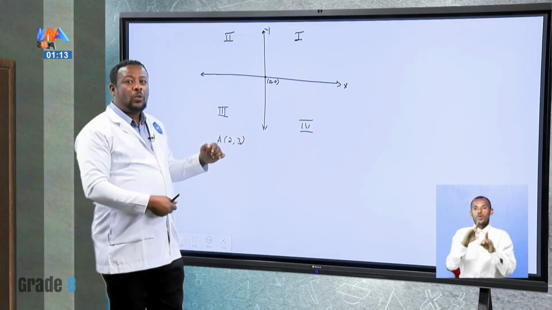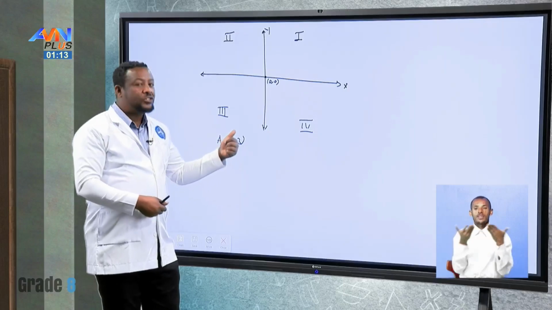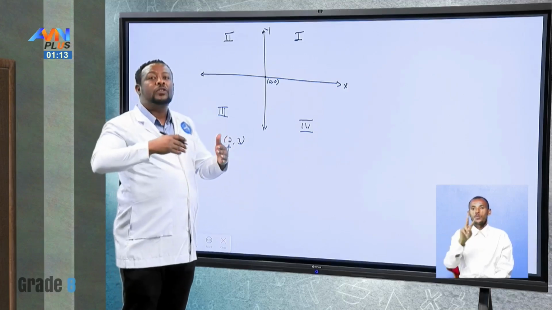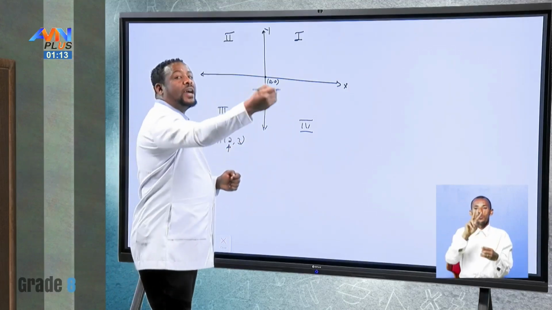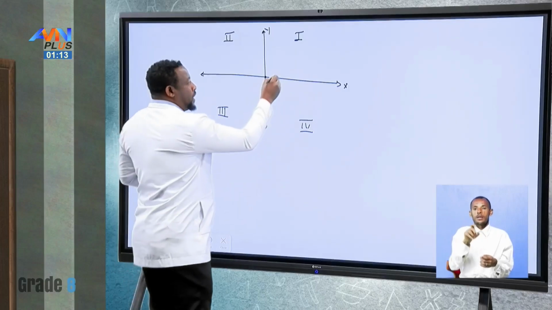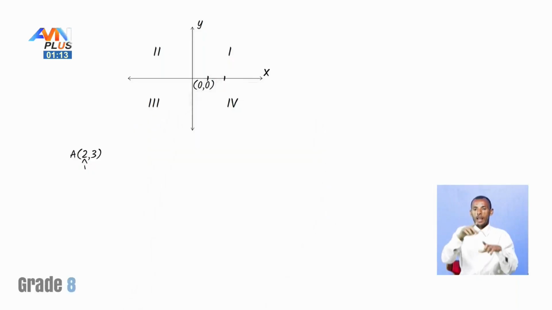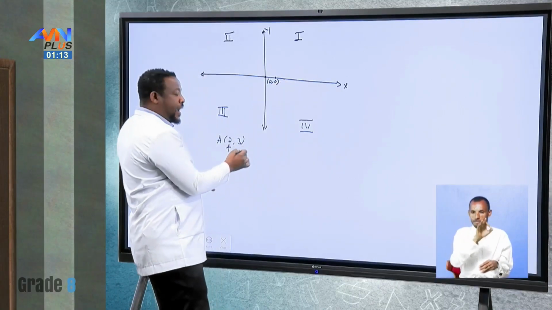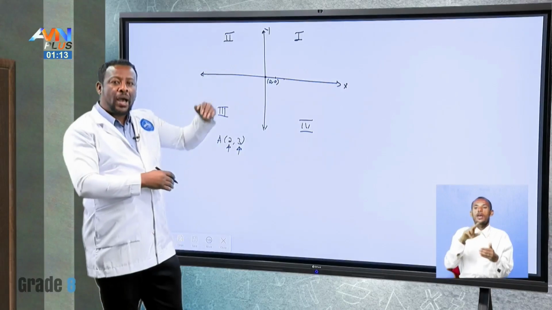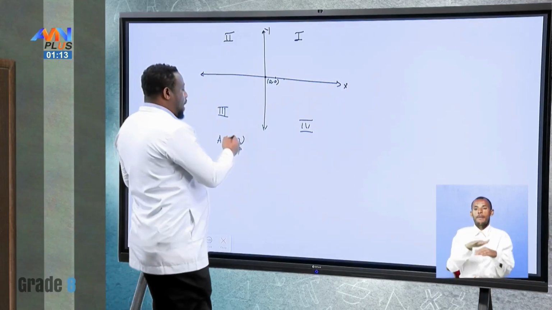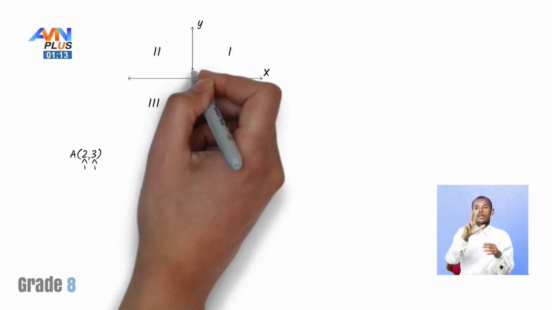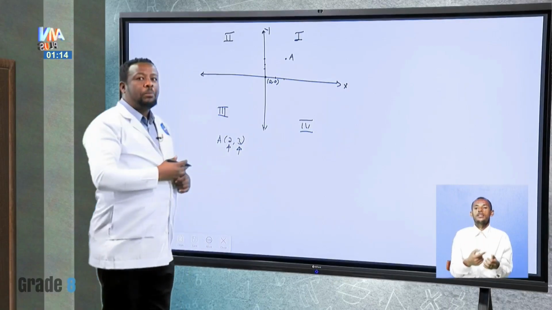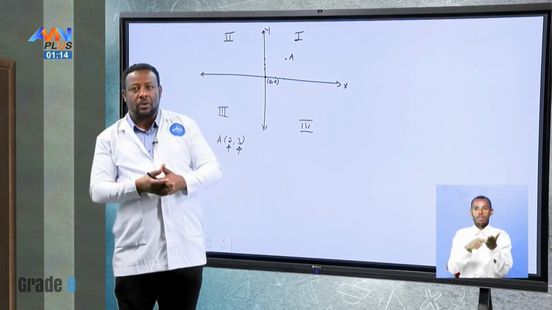Do you remember how we did this? In 2, 3, 2 is the value of x. Since 2 is positive, you need to move 2 units to the right side of the y-axis. So you can roughly cut out the line into pieces, 1, 2, 3. Then you have to move 2 units on the x-axis. Then 3 units above the x-axis. So roughly 2, 3 is found in the first quadrant around here, okay? So this is roughly where point A is found, okay?